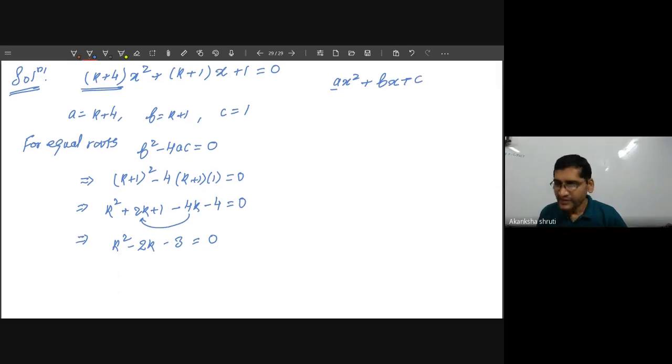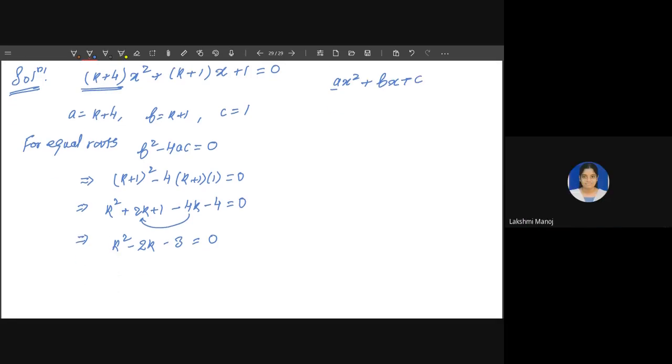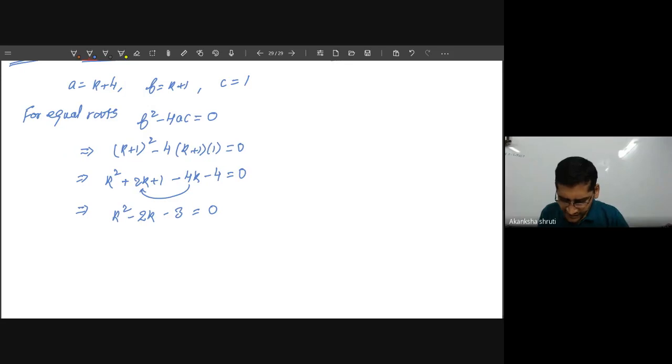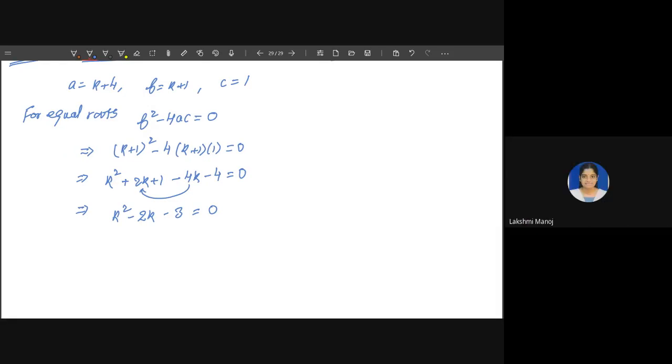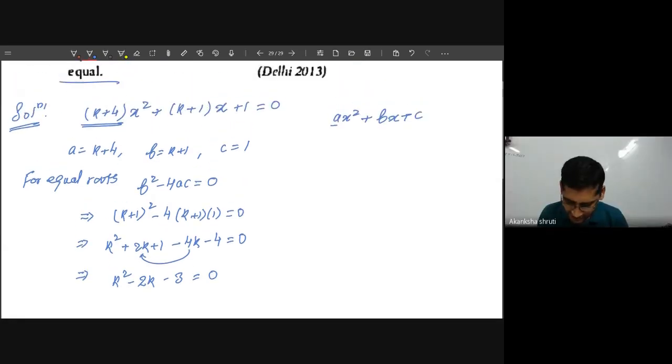After this, either you can go by the factorization method. Yes, tell me. So here a is k + 4, but we have written k + 1 also. Sorry, you are correct, there is a misprint again.